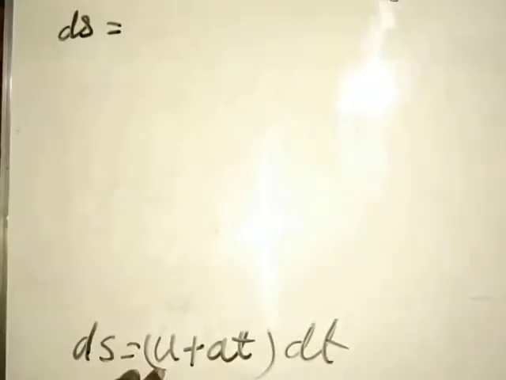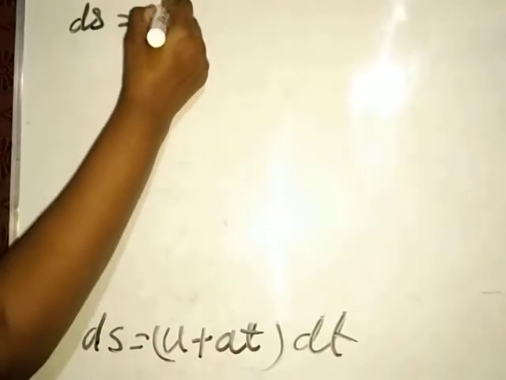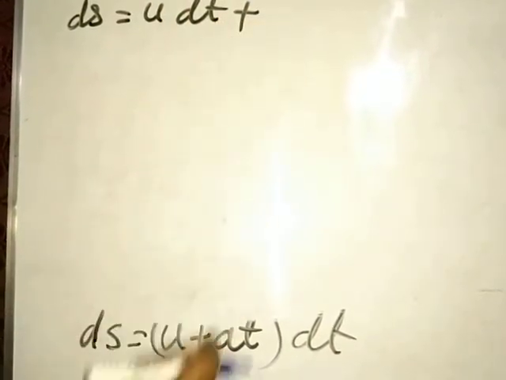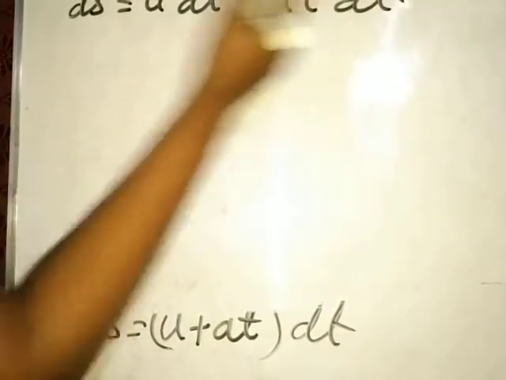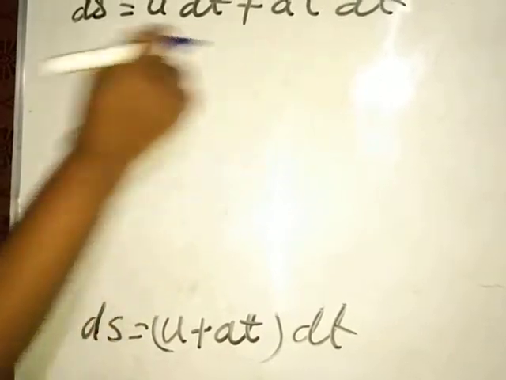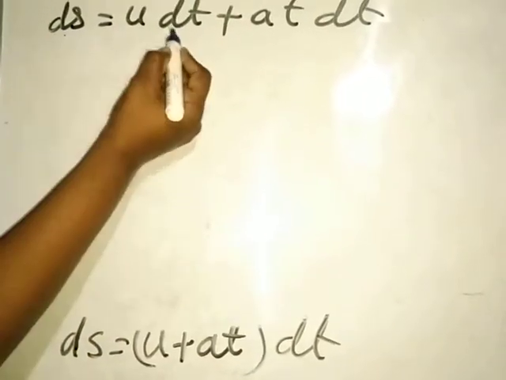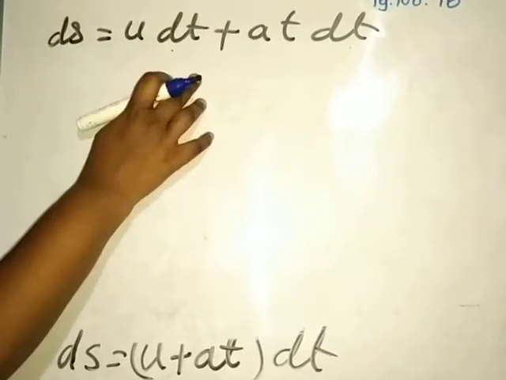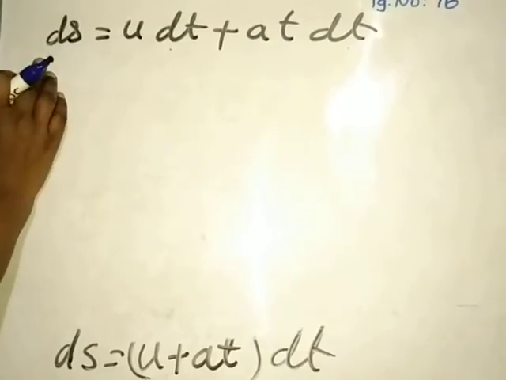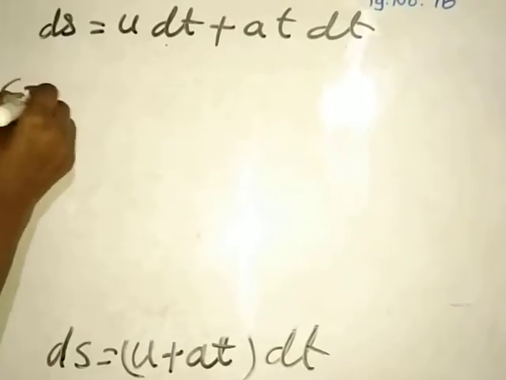Now ds equal to u into dt plus at dt. Here we have ds, dt, dt. So we can integrate this equation. How can we find the value of s from ds?